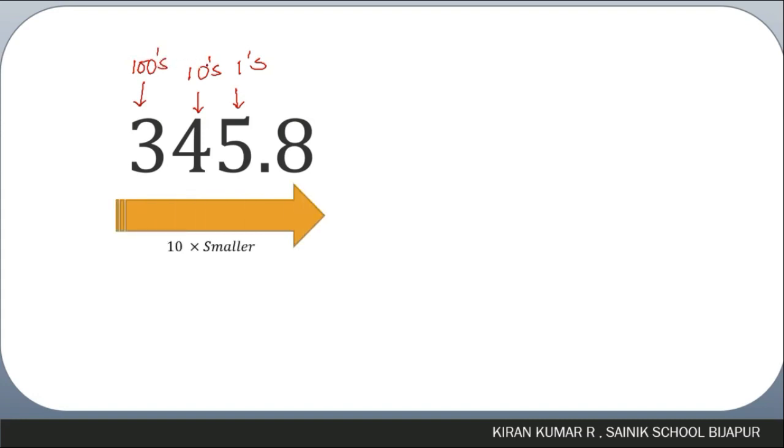You look at this, when we move from left to right, the place value decreases 10 times. Here, the tens place is 1 by 10 times the hundreds place.